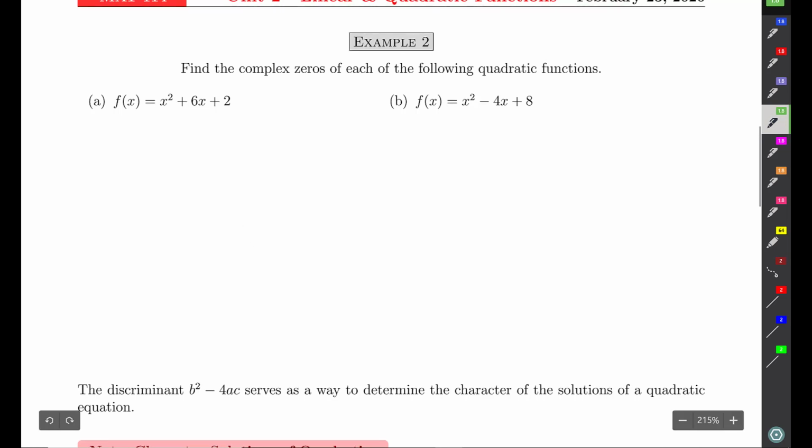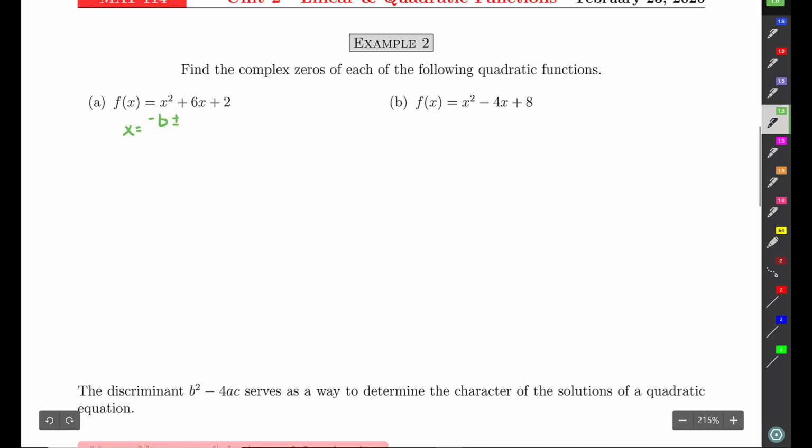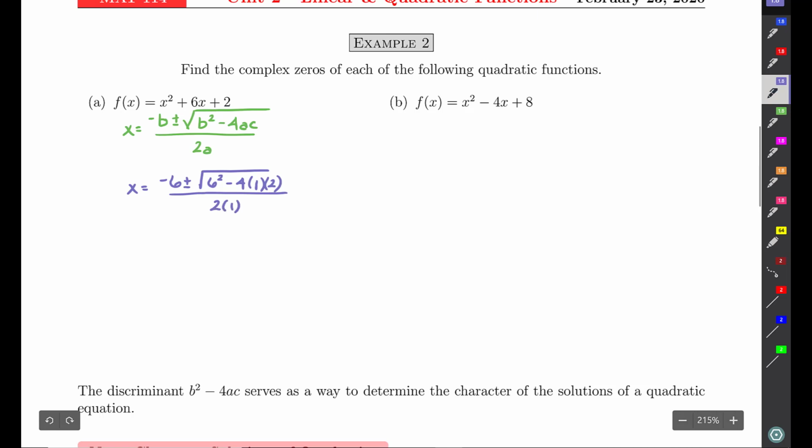And the quadratic formula, just to refresh your memory, is x equals the opposite of b plus or minus the square root of b squared minus 4ac, all over 2a. So when we substitute in our values for a, b, and c, we get x equals the opposite of b plus or minus the square root of b squared minus 4 times a times c, all over 2 times a.